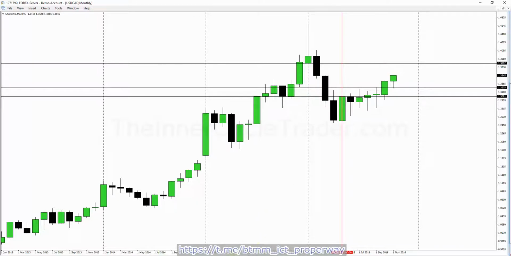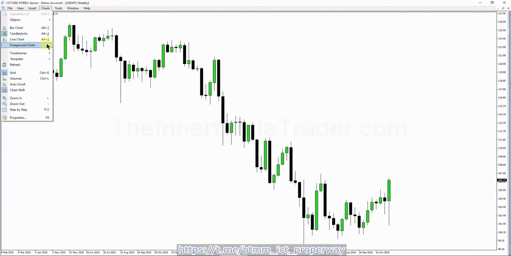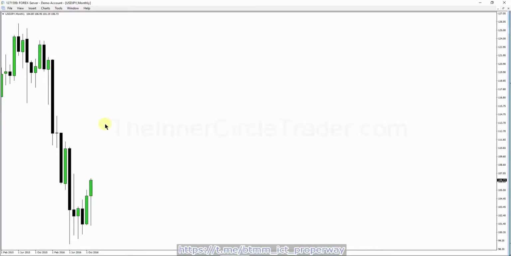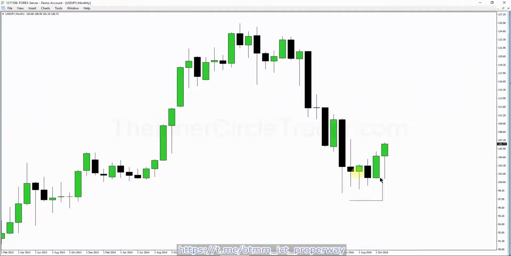Let's look at this same example of study on a US Japanese yen pair. Okay, we have the most recent down candle here.